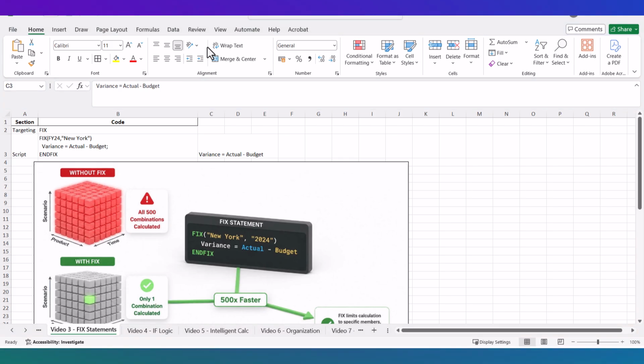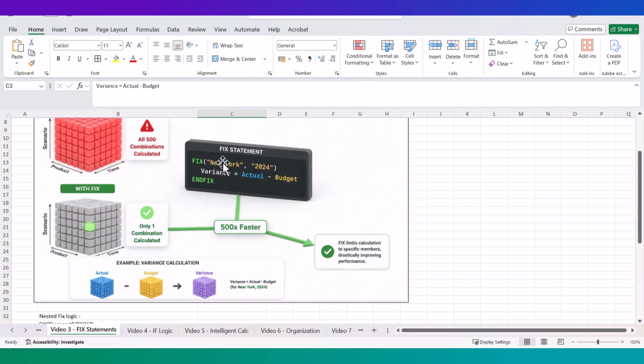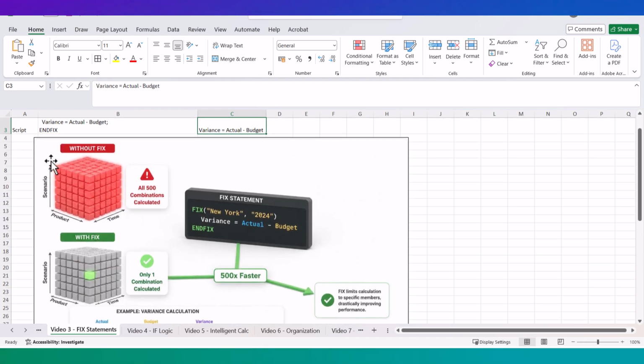So now let's take an example. We need to calculate a variance, actual versus budget. If we write a formula directly like variance equals actual minus budget without any FIX restrictions, it will calculate the entire database. As you can see here, the scenario, product, time, all the combinations will get calculated for the variance.